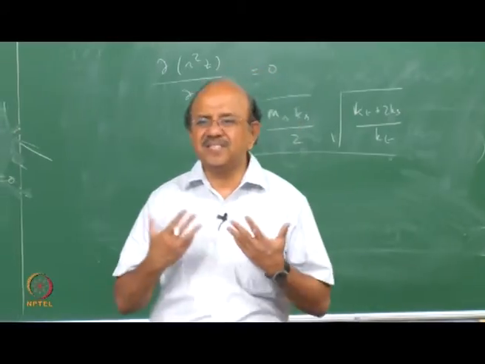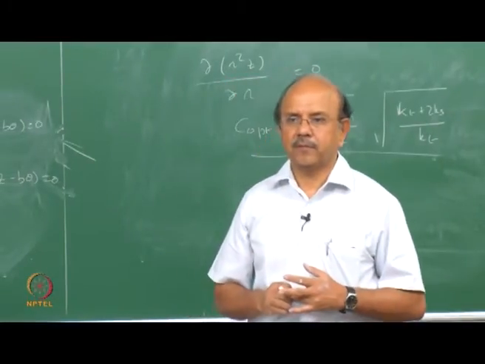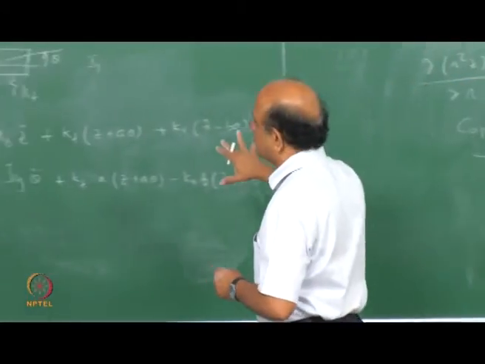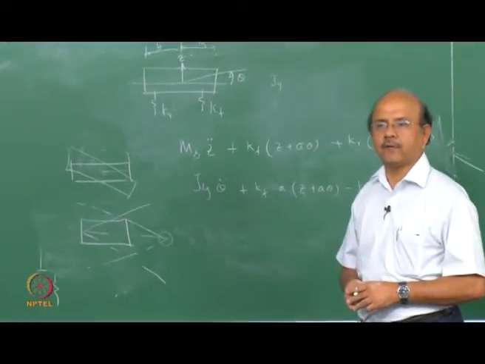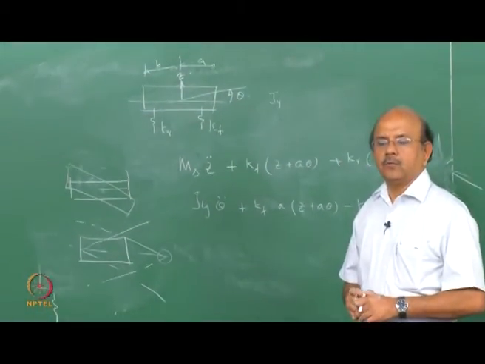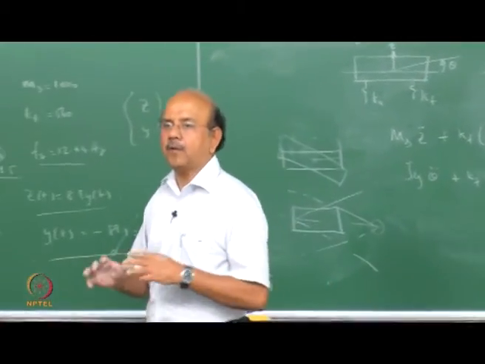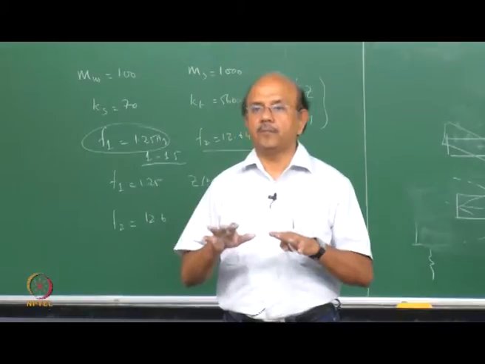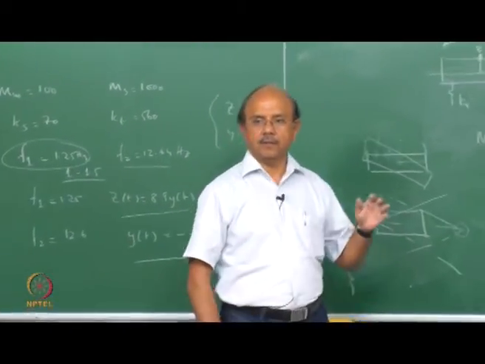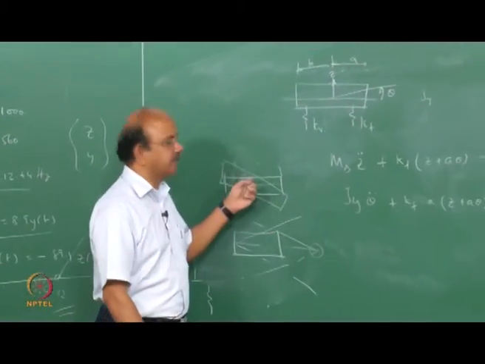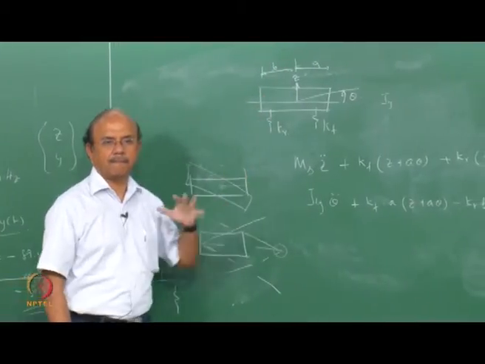Point number two, what is the significance? Why are we doing this? Yes, I understand the assumptions, but why are we doing this? So what is it that I want from this? I want minimum vibration, or minimum disturbance, when I sit in the sprung mass.